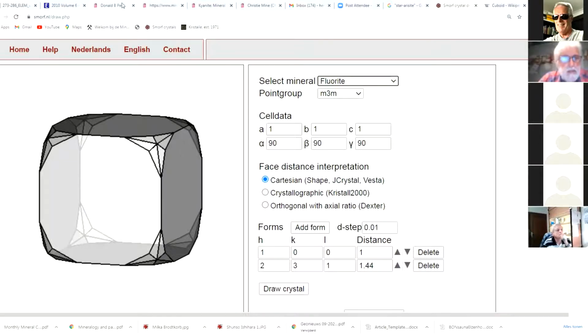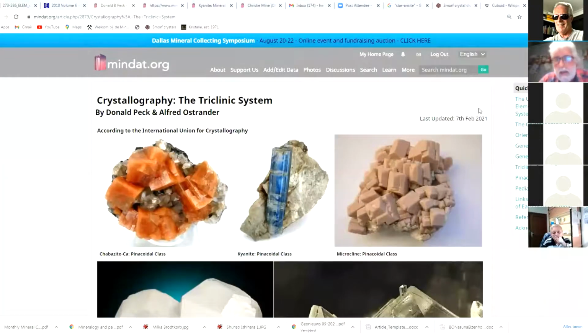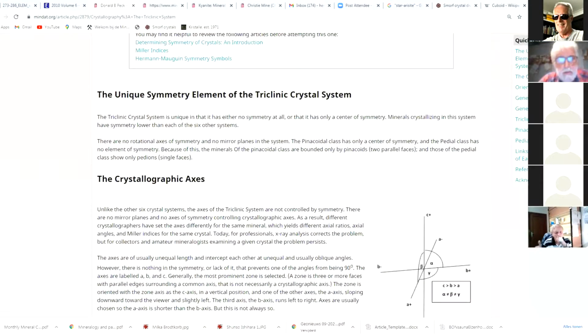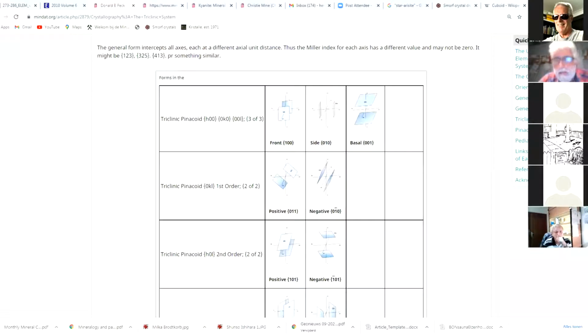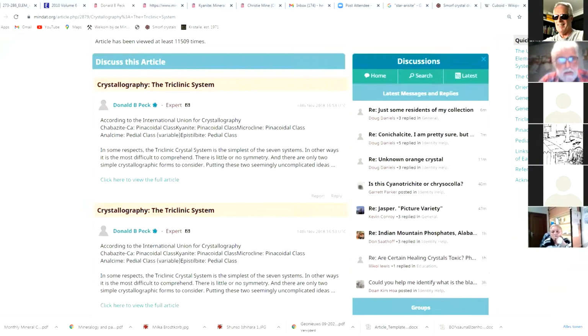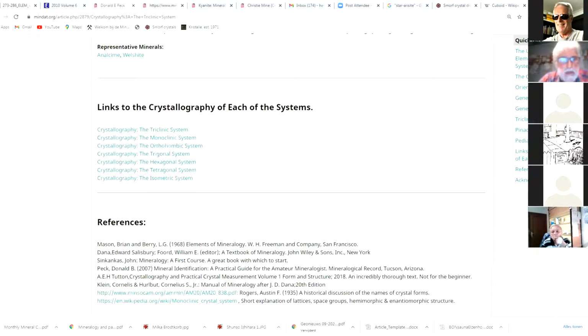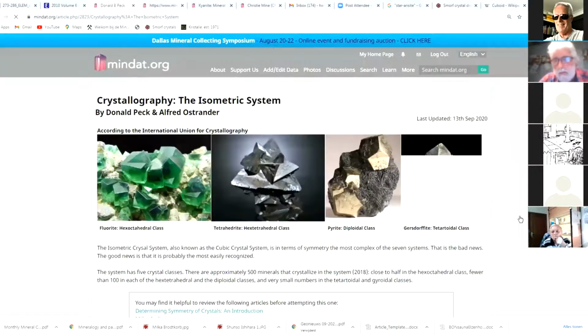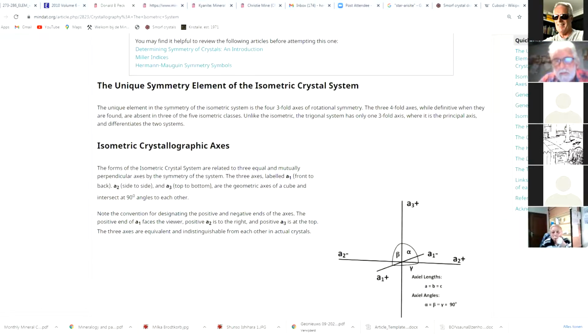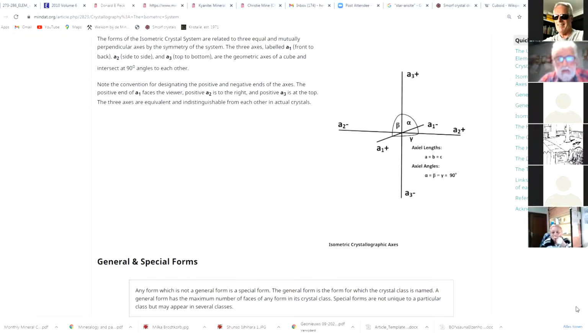Let's have a quick look at, can you see the mindat.org page now? Yes. Okay, great. So we're quickly going to the isometric system. Here we have the crystallographic axes of the isometric system.